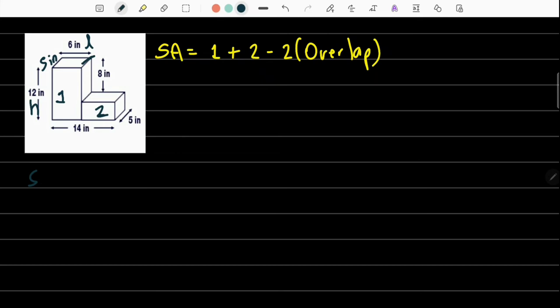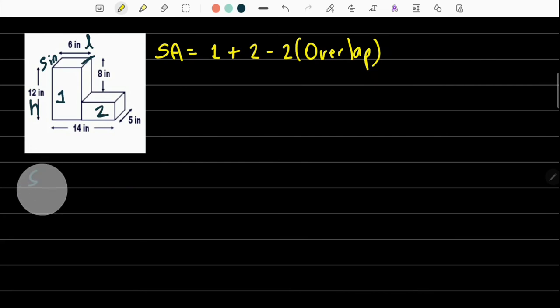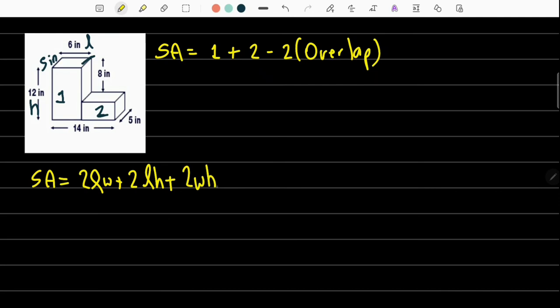The surface area would be 2LW plus 2LH plus 2WH, right guys? So let's substitute the values here.